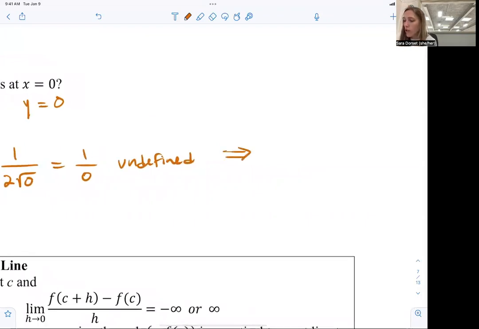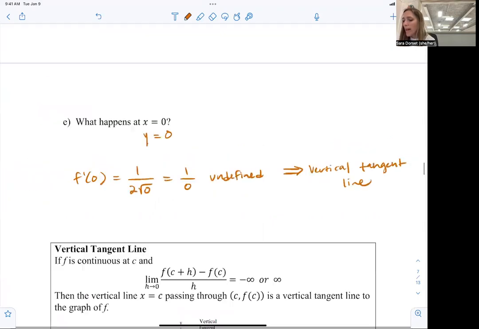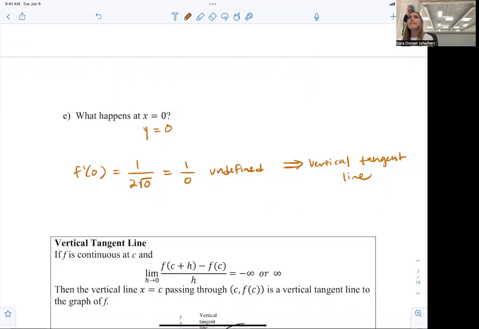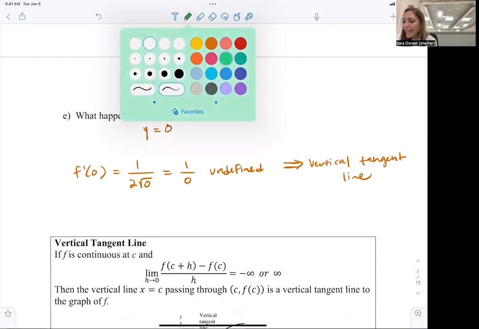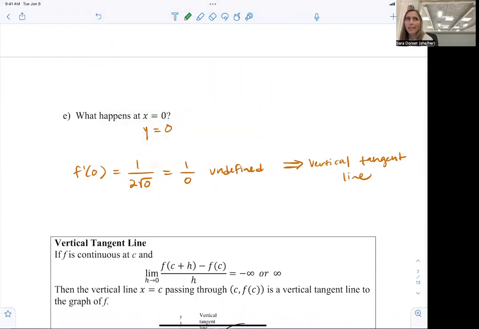This implies a vertical tangent line. Because the derivative is undefined, it means that f is not differentiable at x equals 0.